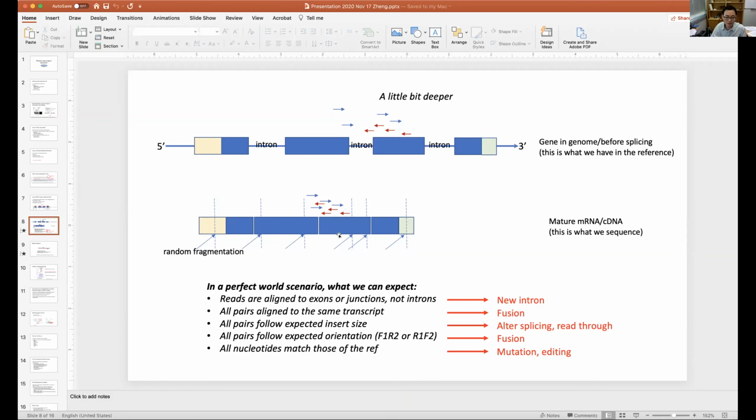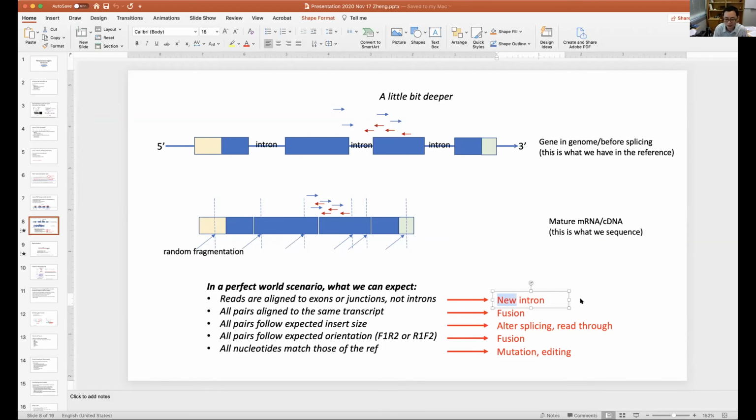In our alignment, basically, we put these reads back to the segments, and each read reminds you of the segment it is derived from. So assuming the RNA is perfect and there are no aberrations, what you would expect is that the reads are all aligned to exons or junctions, but not introns.